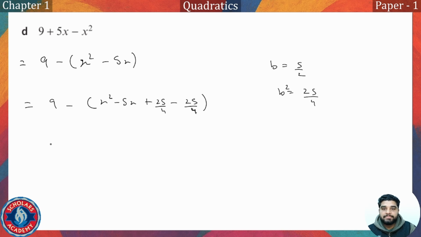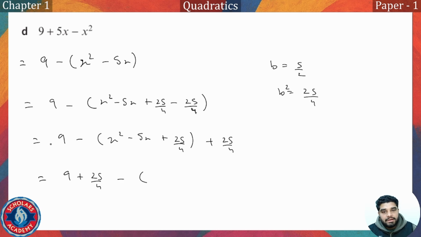Right? Equation is same. We're just changing the form. We'll take this 25 by 4 negative out. 9 minus x square, sorry, minus 5x plus 25 by 4, and it becomes plus 25 by 4. So it is 9 plus 25 by 4 minus of x minus 5 by 2 whole square.